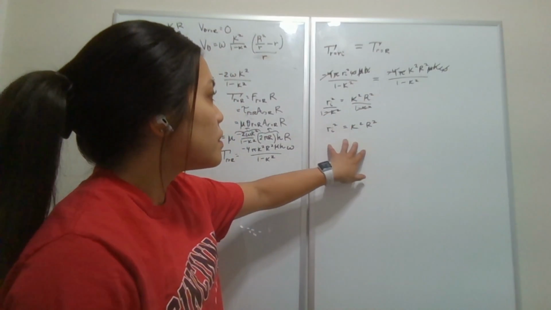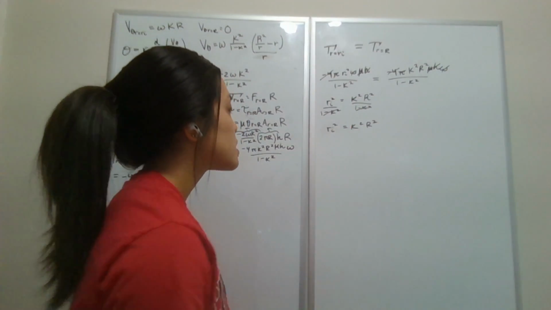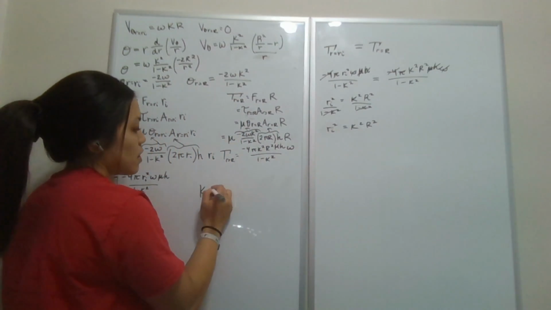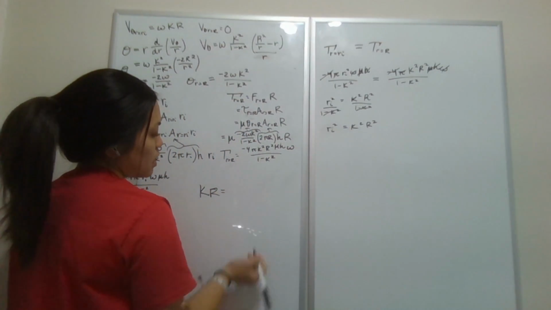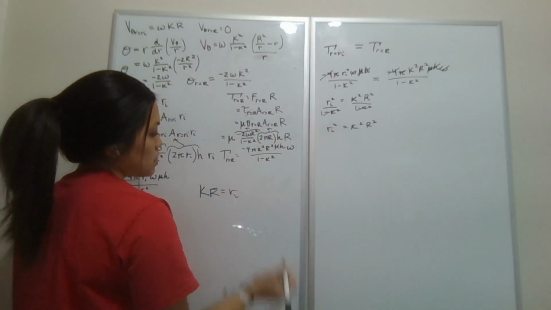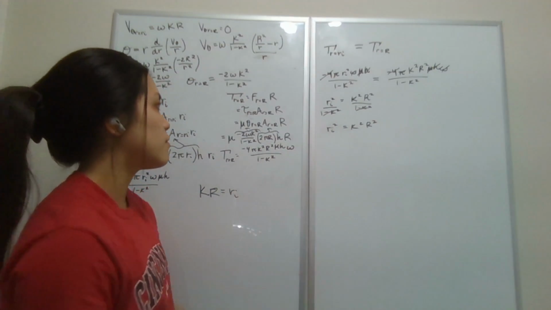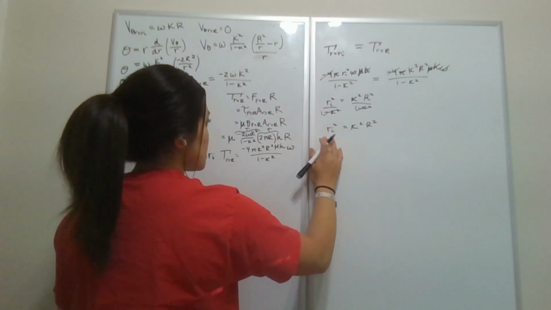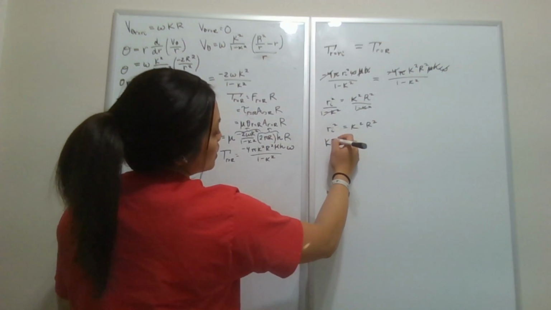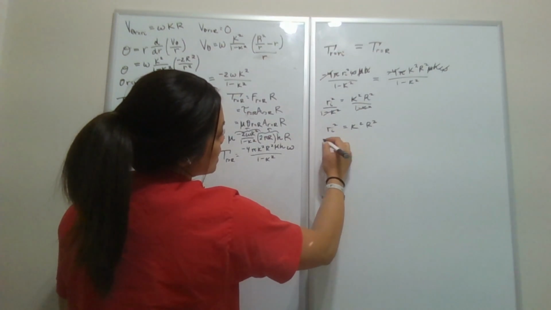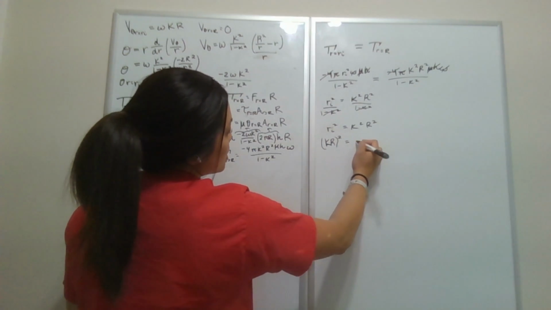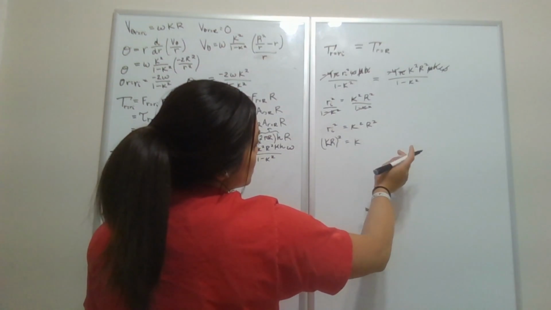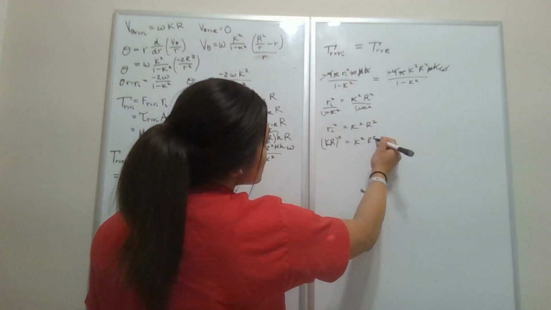And this, again, works because we earlier defined that this k value times r is just the inner radius. So if we plug this in for this inner radius over here, we have the proportion between inner and outer radii times the outer radius squared equals the proportion between inner and outer radii squared times the outer radius squared.